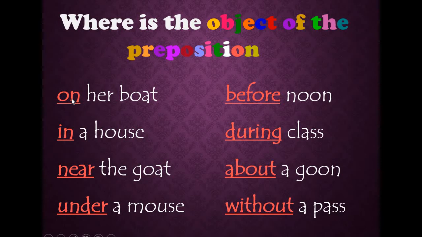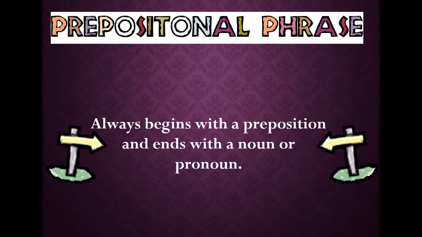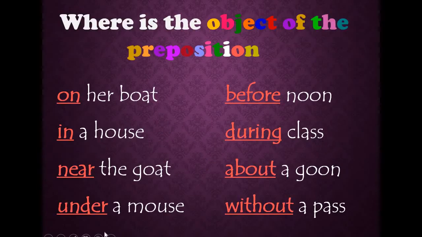So you can't say on boat is a prepositional phrase and forget her. On her boat is a prepositional phrase. So the prepositional phrase says start with the preposition, take it, and take everything in the middle until you reach the noun. When you find the noun, stop, so your prepositional phrase finishes here.